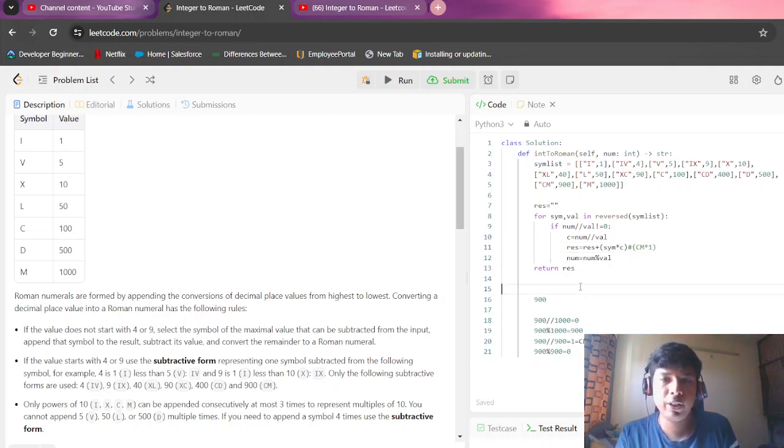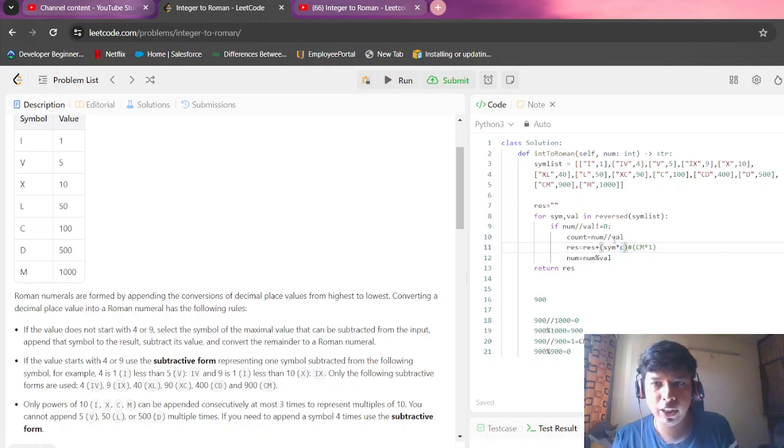You know how a string works. Suppose I give animation times 2 and I store it in s, my s will print animation twice. So that is the idea why I am multiplying my symbol by c, the count, because it is counting the number of times that value is being divided by that particular symbol value.